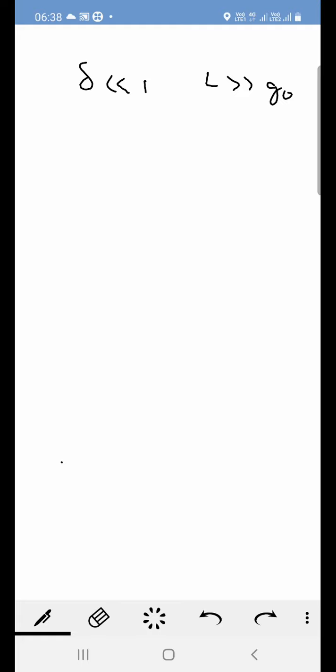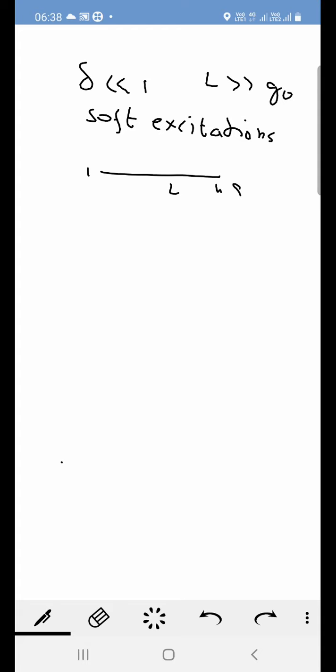then we call it soft excitation. So when L is extremely large and G0 is very small compared to L, this also corresponds to weak nonlinearity.